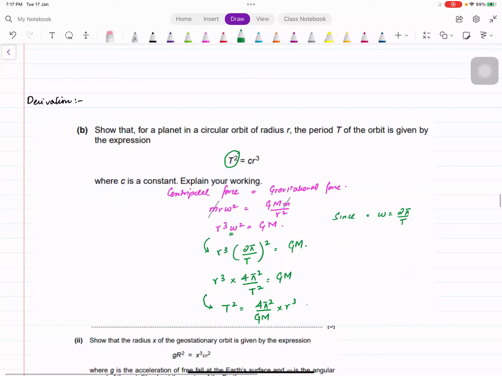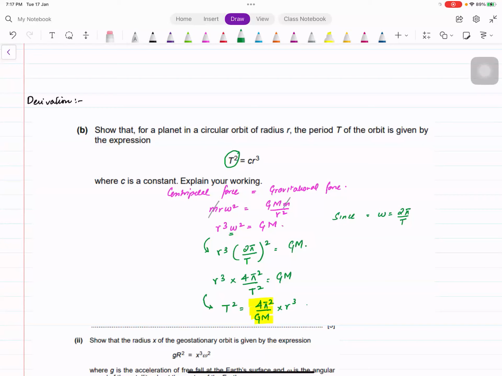If you really look at this part of the equation, you might see that 4 is a constant, pi is a constant, the gravitational constant is capital G, and M is also the mass of the planet, the central body, which is also a constant.